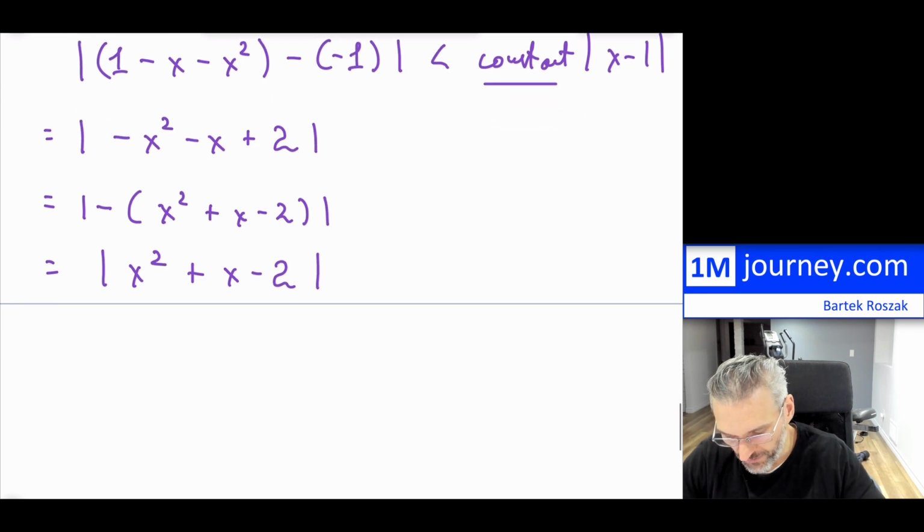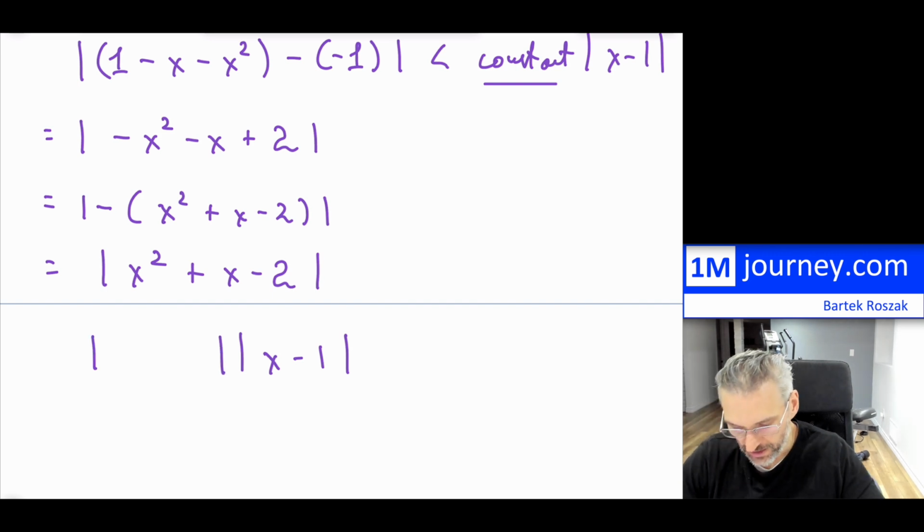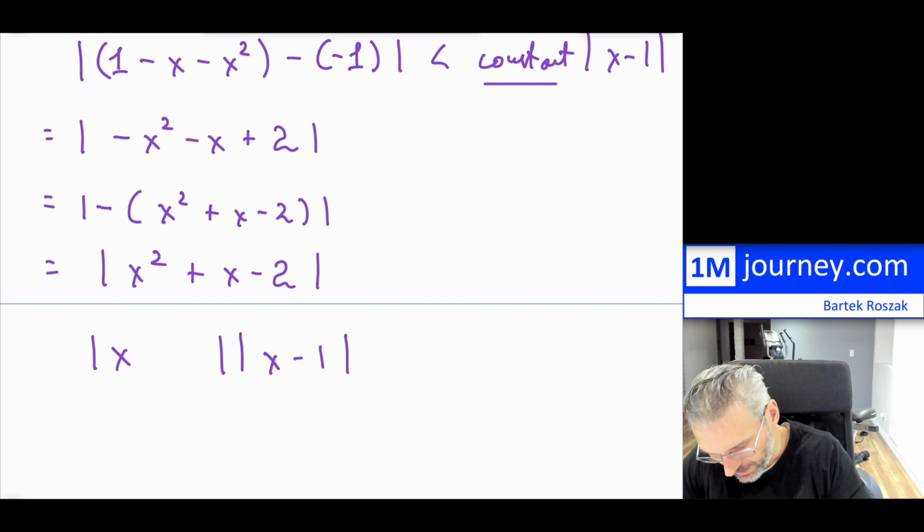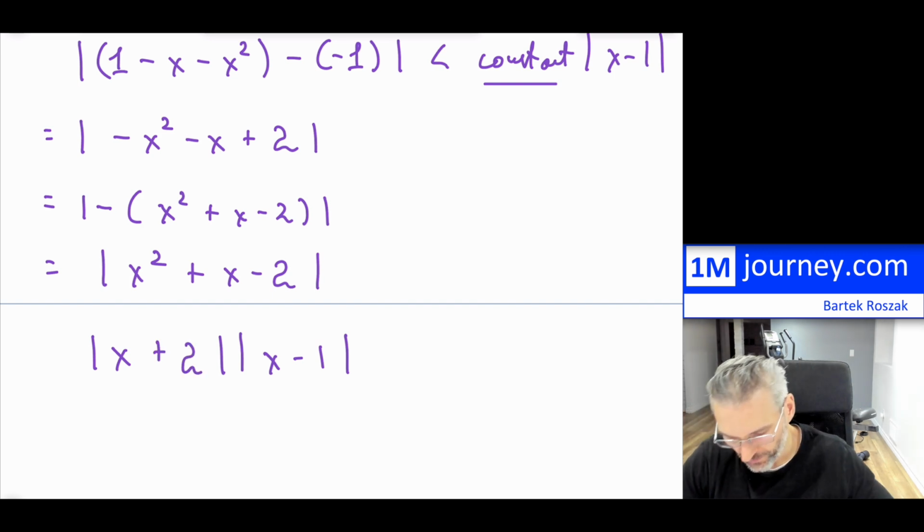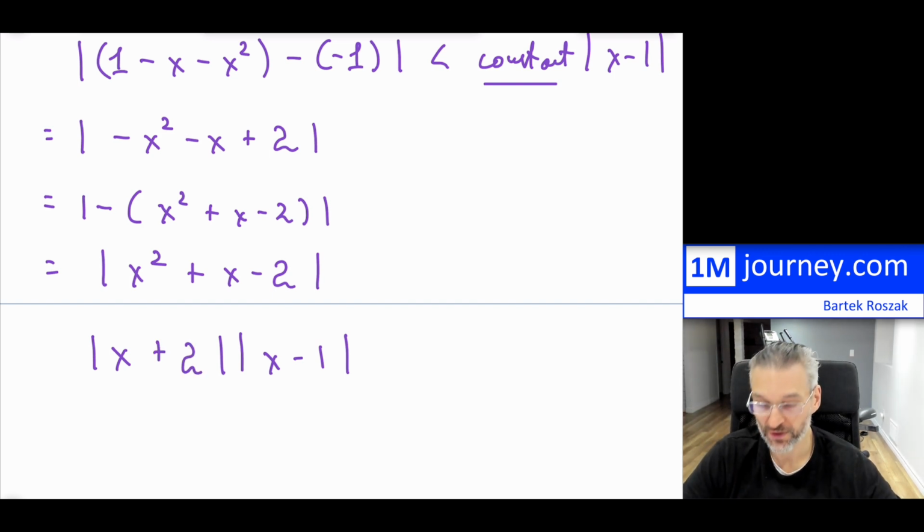And now factoring it, I know that one factor is x minus 1. Now I have to find the other factor. So that other factor, not bad, this is going to be x, this is just going back to factoring, plus 2. You can just double check for yourself.